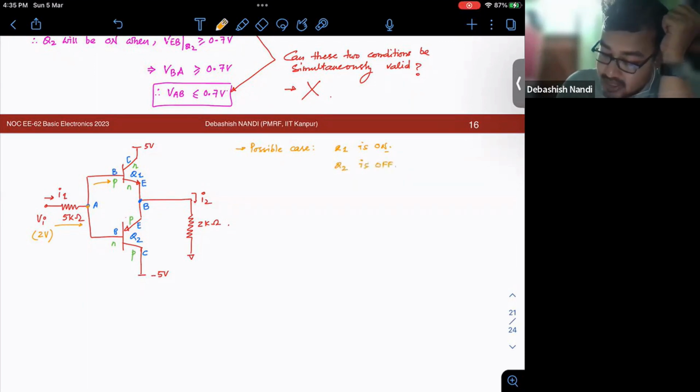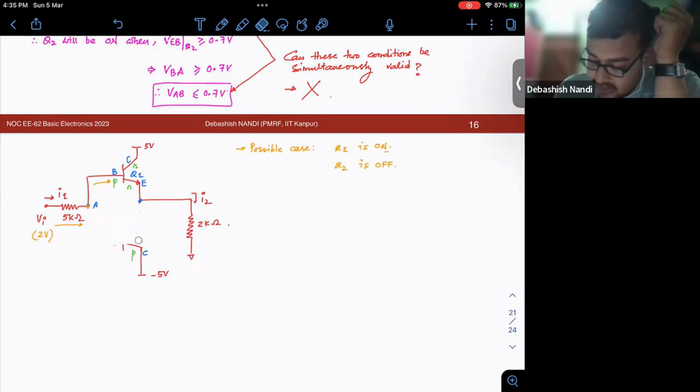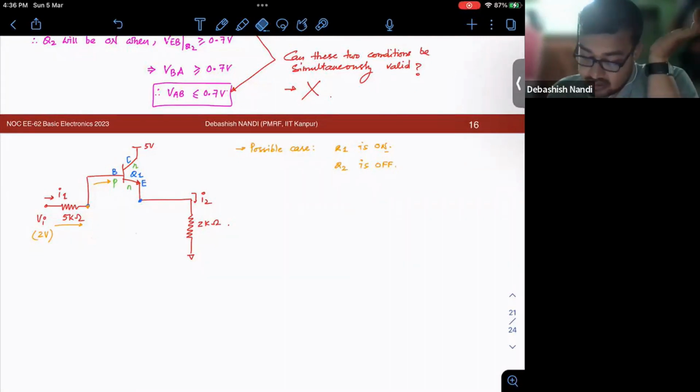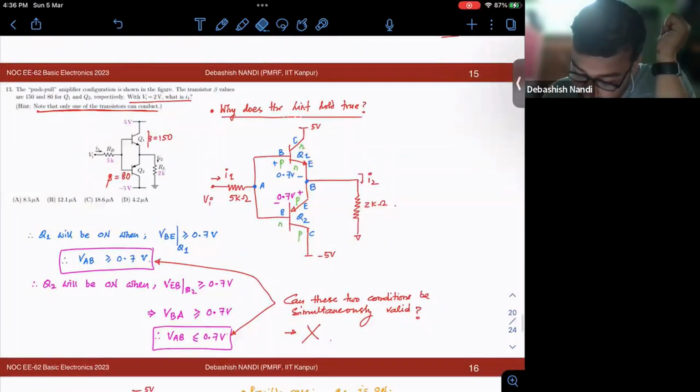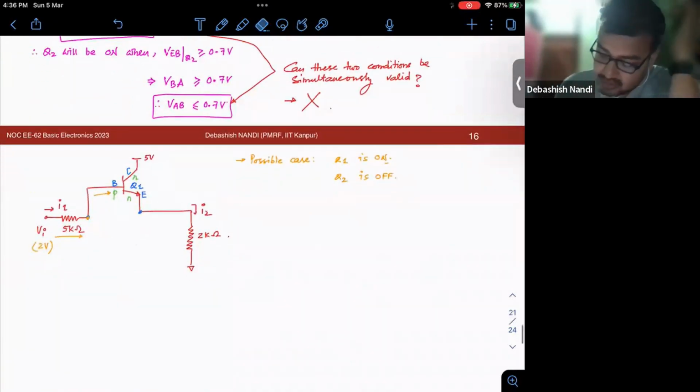Then my circuit diagram will become simply this. It is simply a normal fixed biasing method, right, with RC is 0. They asked us to find out what is I1. So how can I find out I1?